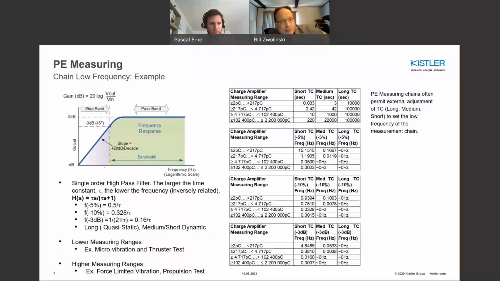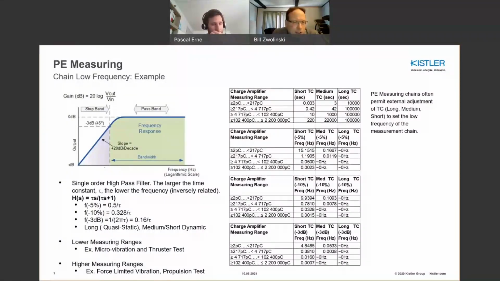On the low end, like I mentioned before, it's a single order high pass characteristic, and this looks like an incredibly busy chart, but there's a lot of information on it. What I try to do is really derive from a Laplace domain related expression on the high pass filter what the actual 5%, 10%, and 3 dB closed form expressions would be, and you can see those on the left hand side.